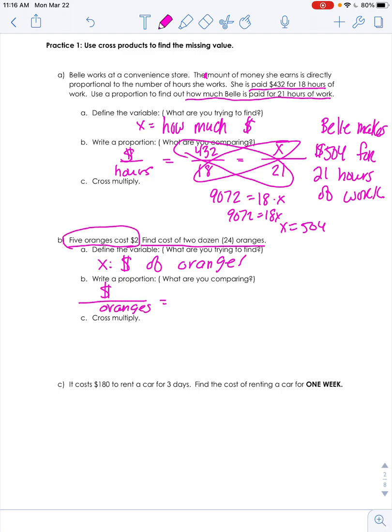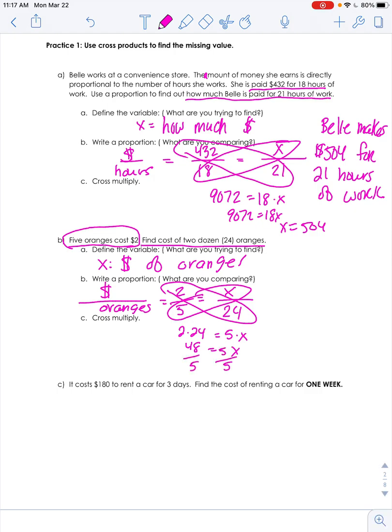So the information we were given there is 5 oranges costs $2. We don't know the cost of 24 oranges. So we go ahead and multiply. 2 times 24 gives us 48. 5 times x gives us 5x.